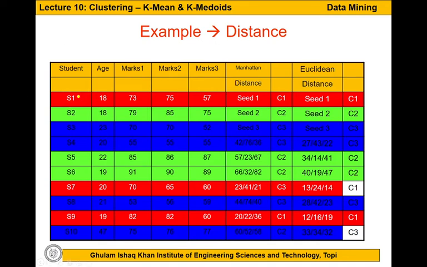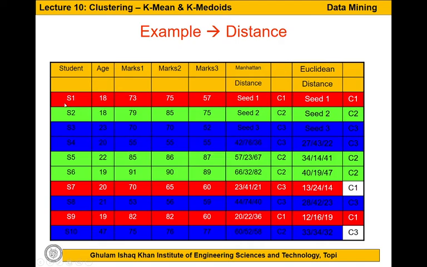S1 was our previous cluster head for the red cluster, S2 for the green cluster, S3 for the blue cluster. Now S4, these are the values of the instance. This column shows the distance of S4.